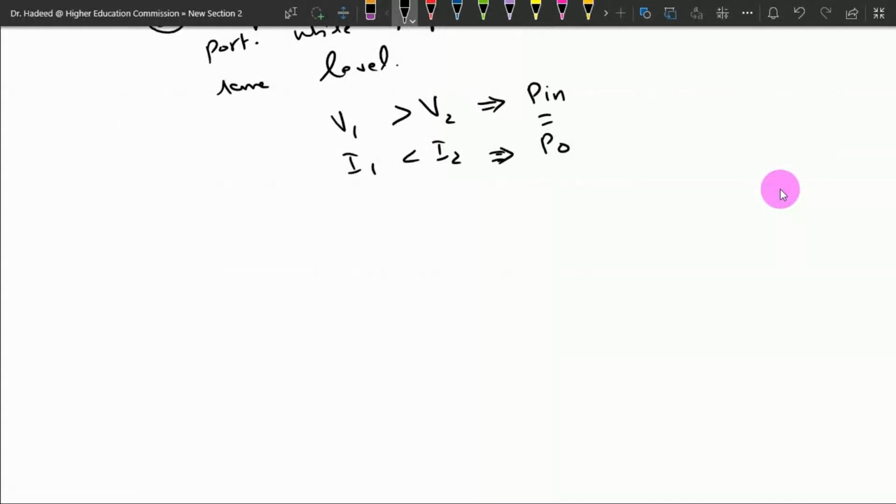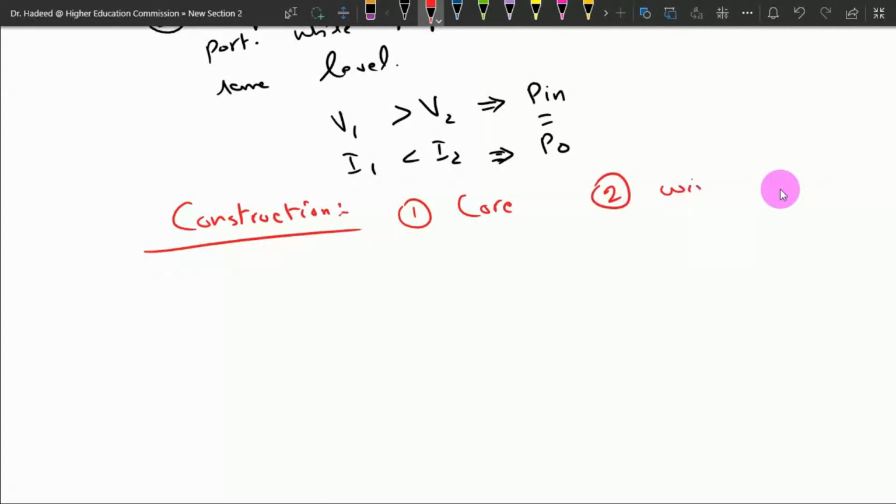Okay, so a transformer has its construction. It has only two parts. Number one is the core, and the other one is the winding. As far as the basic transformer concept is concerned, we have a core and then we have a winding.